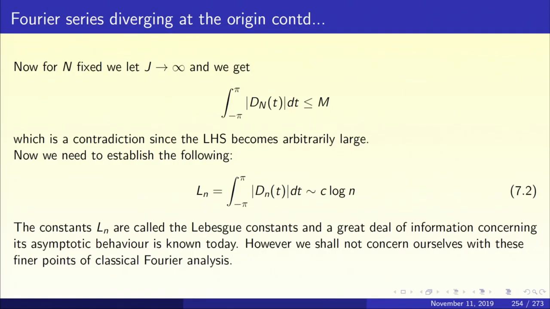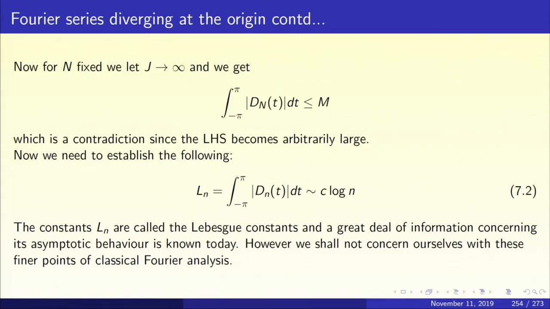Now what remains is to prove the equality 7.2. Integral minus pi to pi mod dn(t) dt. This integral is denoted by ln. These are called Lebesgue constants. The sequence of constants is called Lebesgue constants. A great deal of information has been unearthed about the asymptotic behavior of these Lebesgue constants.